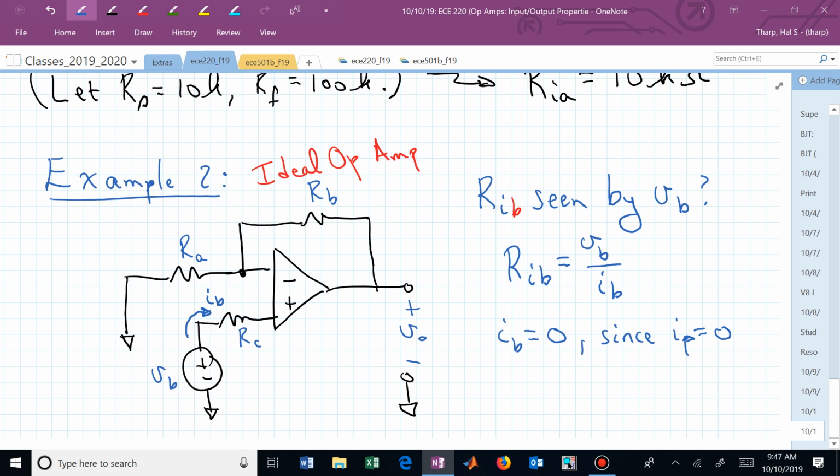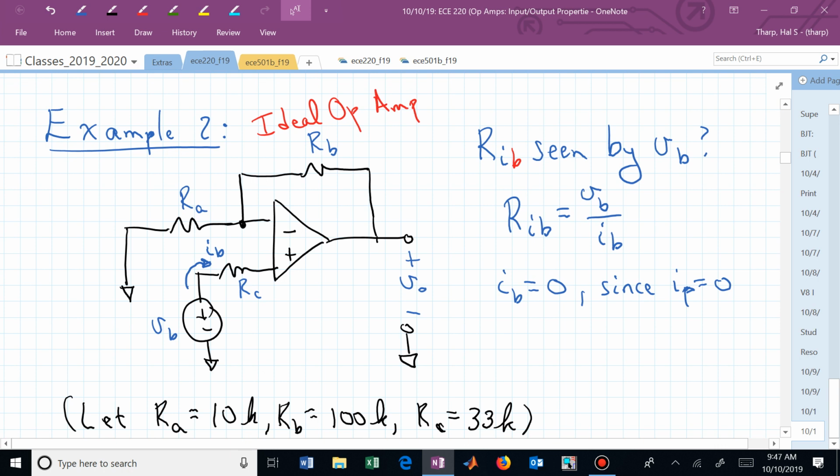What does that mean R sub I sub B is? Ooh, V sub B divided by 0. That's not allowed, is it? Well, let's let that I sub P, or I sub B, get small in the limit.